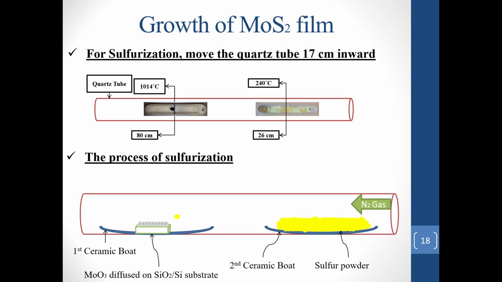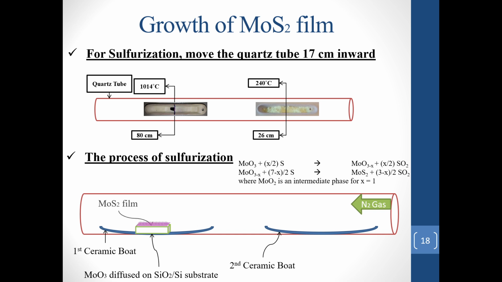Your sulfur powder goes over the substrate containing MoO3, and this is at a temperature of 1014 degrees Celsius. From literature we know that the molecules of MoO3 diffuse on the silicon substrate with the sulfur to form MoS2, molybdenum disulphide.